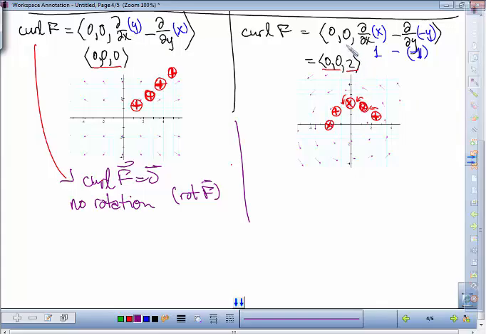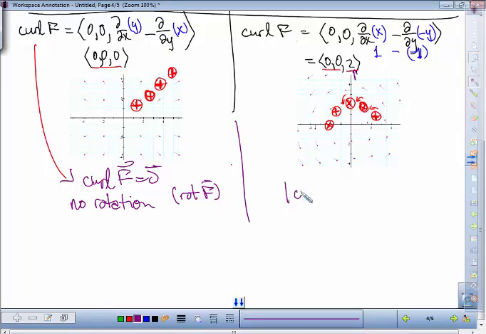With two-dimensional vector fields, it's easy to determine whether something's positive or negative because you're really just focused on the last component because the first two components are 0. But in three-dimensional space, it's harder to deal with that. But it turns out that the magnitude of the curl, however, the longer the vector is, the faster the rotation.